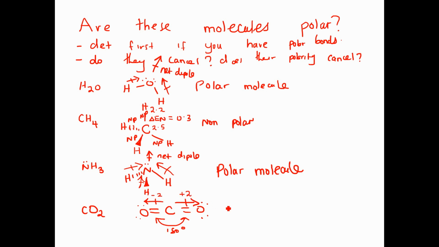Overall, the charge will be 0. If I was to give a number, but obviously it's not plus 2 or minus 2. I'm just giving you an example. So the dipole moments are cancelling out. So you have overall net dipole. Overall dipole is 0. So CO2 is nonpolar. So that's how you will decide using those examples, okay?